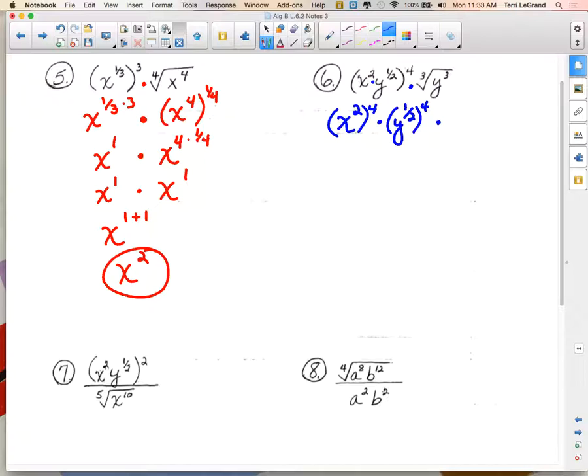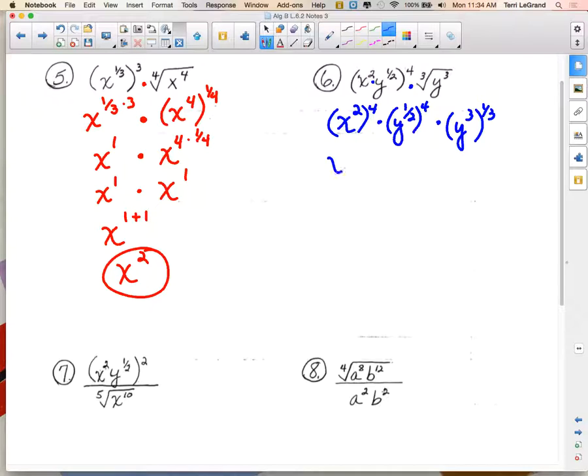So, how can I rewrite the cube root, or the 3rd root of y to the 3rd power? Michaela? Y to the 3rd, in parentheses, to the 1/3. Yeah, to the 1/3 power. Y to the 3rd, the base, the radicand, is being raised to the 1/3 power when we're finding its 3rd root.